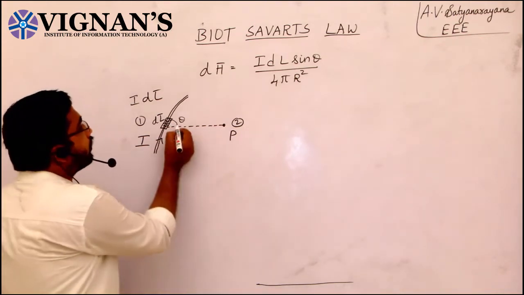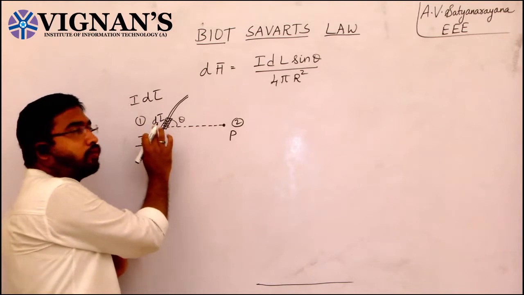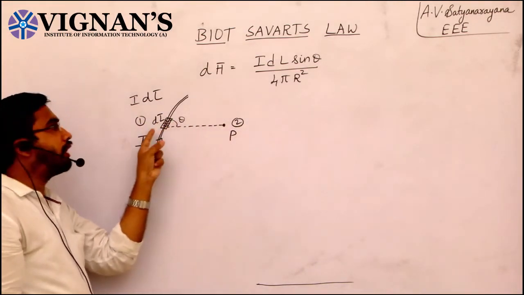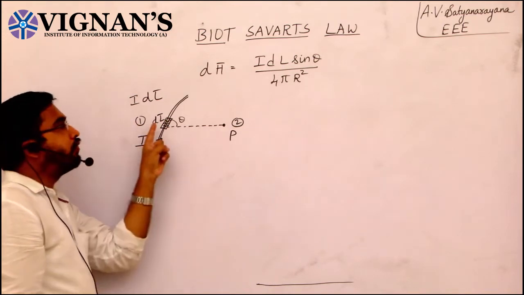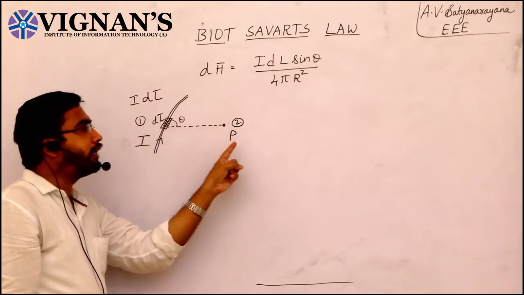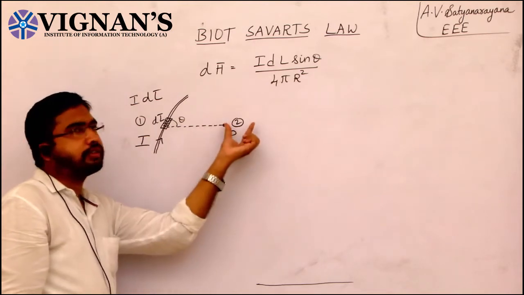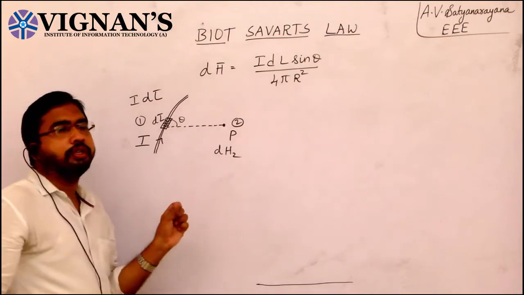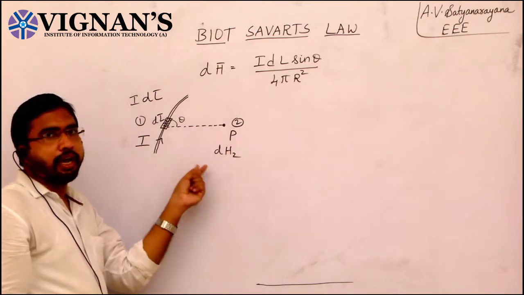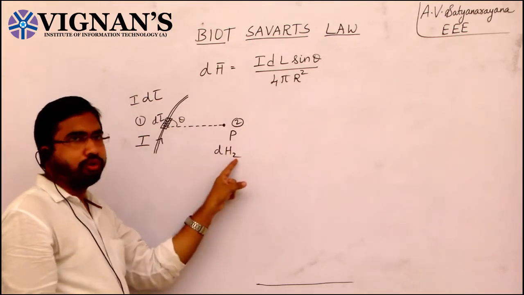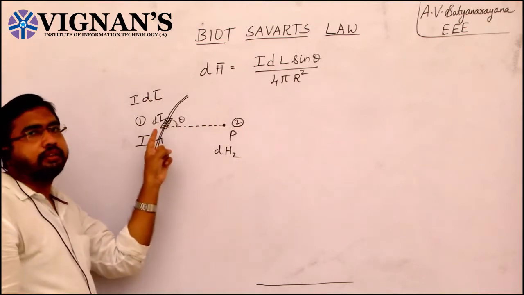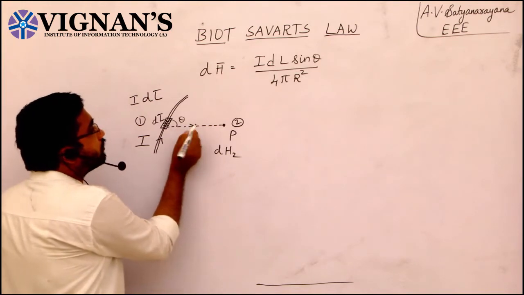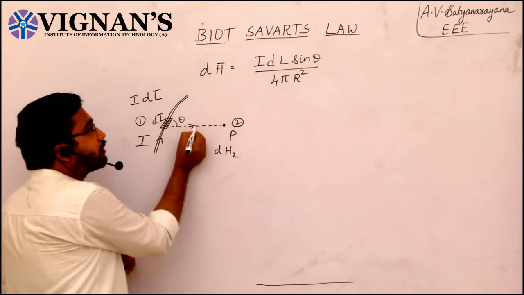Now your direction is from point 1 to point 2, because due to this differential length of the current carrying conductor, we need to find the magnetic field intensity at point P, that means at the second point. We can represent it as dH2, that means the differential magnetic field intensity at point 2 due to the differential length at point 1. Mark the direction towards point P, like this.